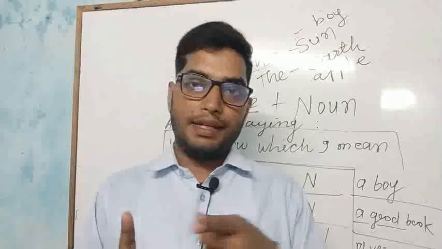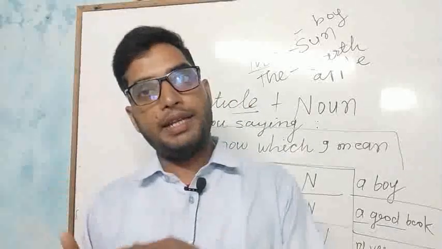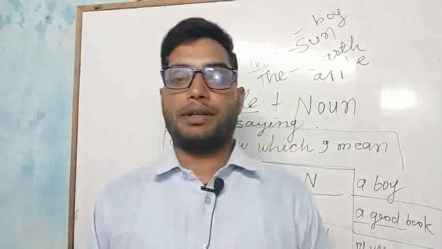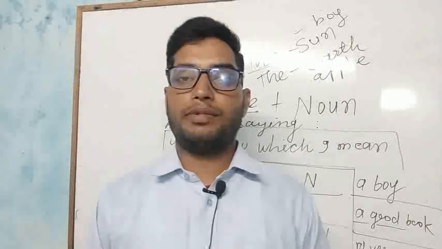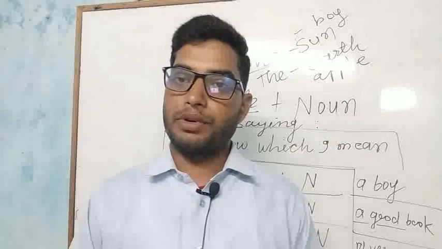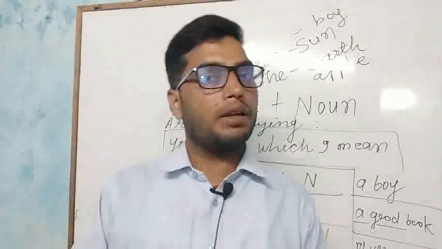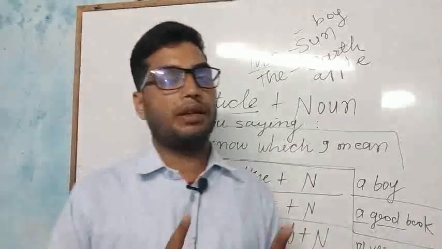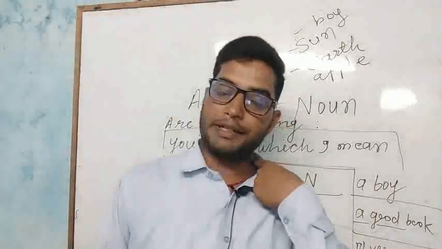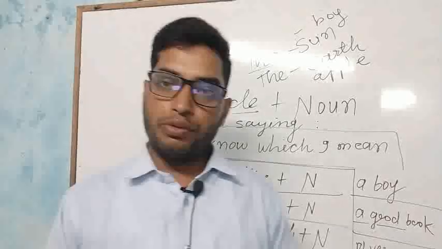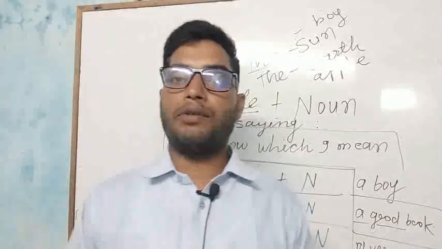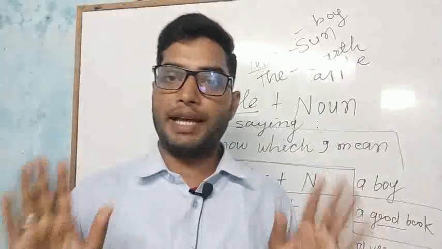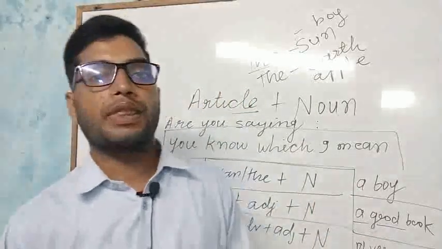So either determiners or articles always take place before a singular countable noun, right? This is the condition with singular countable noun. Number second, before plural noun and uncountable noun, we don't use a or an. It is very clear, I think it is very easy also, right?